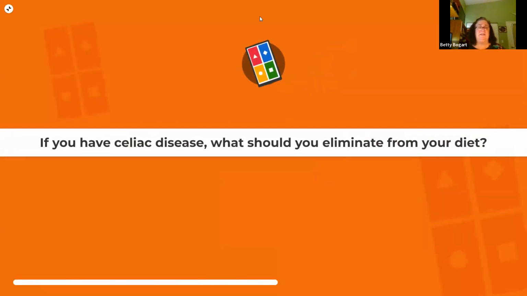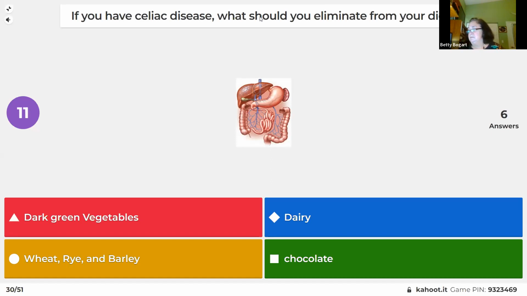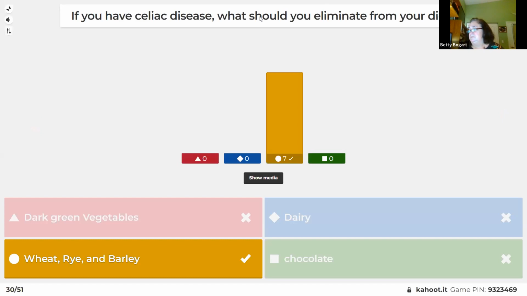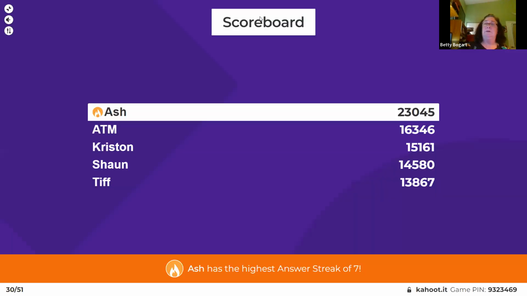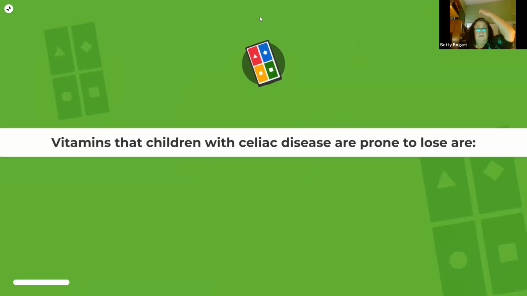If you have celiac disease, what should you eliminate from your diet? Wheat, rye, barley. Yes, for sure. Good. A multi-select.